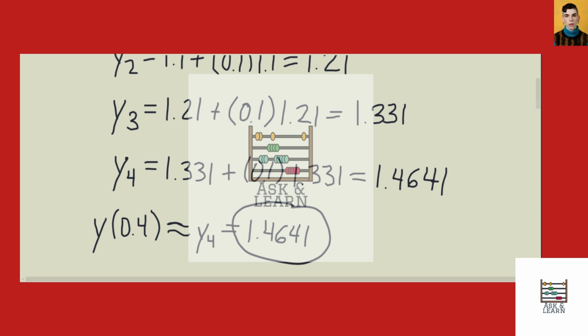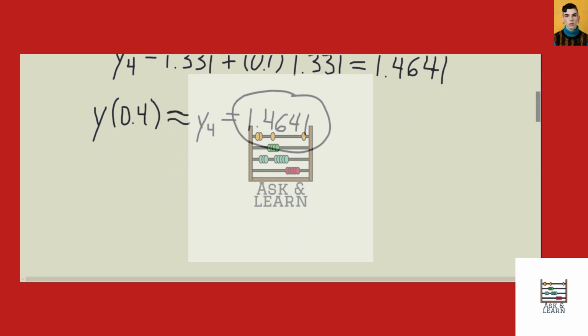In part B, we are given the exact solution of our initial value problem. We are asked to draw the graphs of the solution using our Euler approximations.